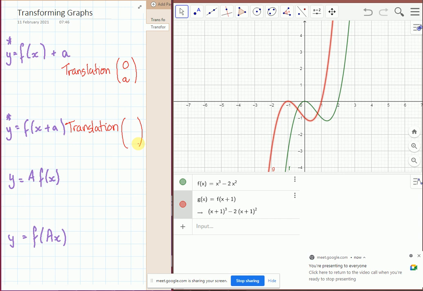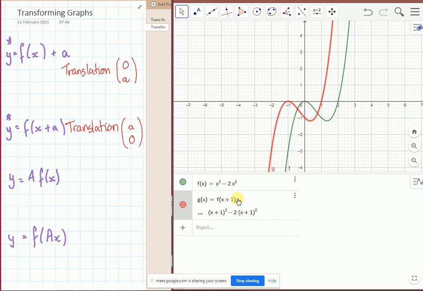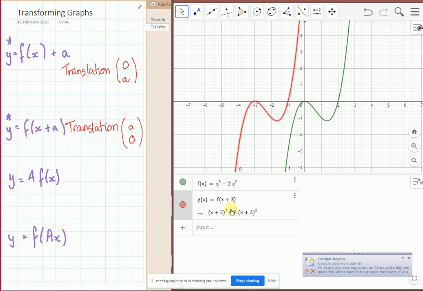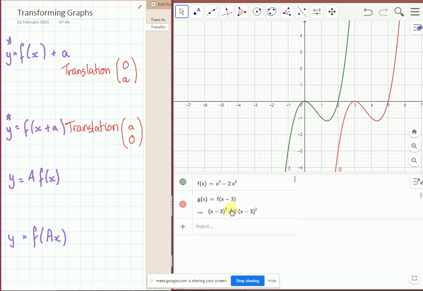Yeah, so what can you say, if I was to write it in here, that's the translation? What needs to happen to this to say that it's moving left, not right? So that's moved it left 3 places. How do I make it move right 3 places? Minus 3. So the number is the wrong way round.